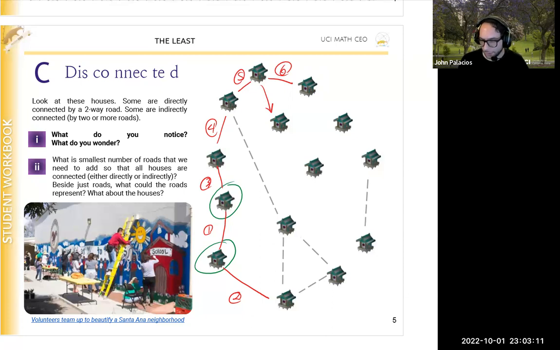When your students get an opportunity to make a choice, maybe ask them, oh, why did you choose that one? In this case, it's kind of a trivial thing, but maybe the students can think, oh, well, what if I only had these two disconnected houses and the rest of the graph didn't exist? Then I could have chosen road 6, or I could have chosen this road to connect these two houses, and then maybe this other road here.